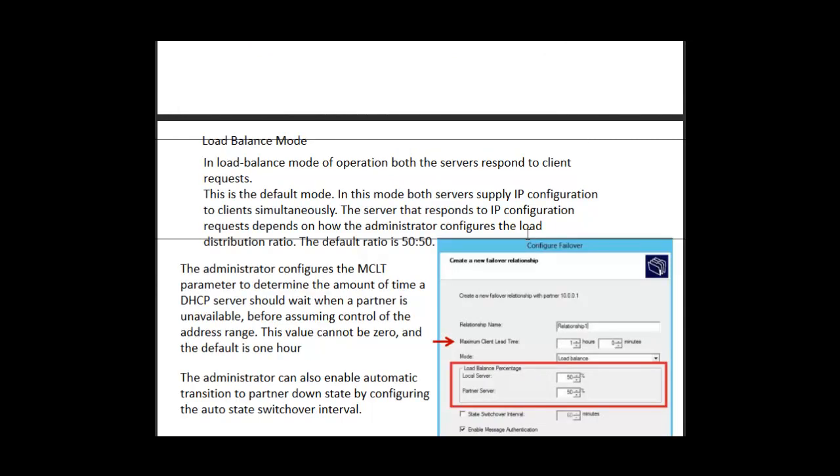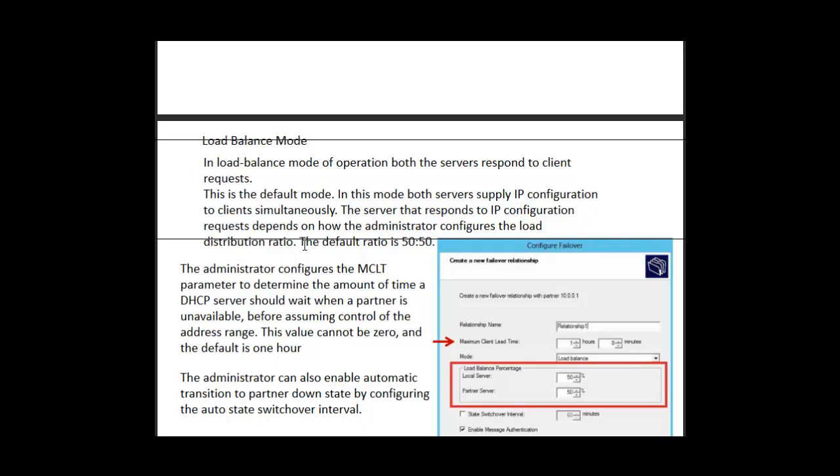So that was the hot standby mode. Let us take a look now at the load balance mode, because we can configure the failover either as load balance or hot standby. Hot standby we looked at just a second ago. Now we want to take a look at the load balance. In the load balance mode, we have both servers responding to the client.